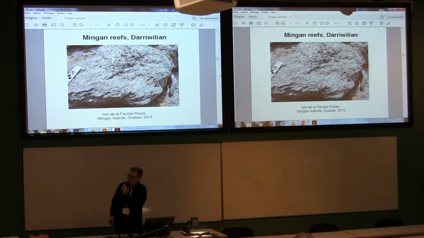And when we go to the Mingan reefs, Darriwilian in age, a little bit farther north, these reefs are a little bit larger. They are a few meters in diameter and maybe 2 meters thick, and often form these cauliflower structures.